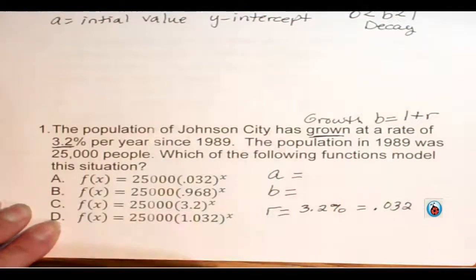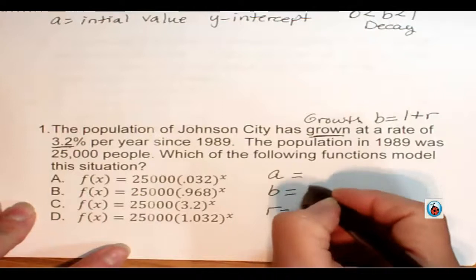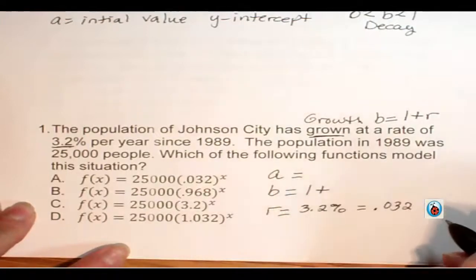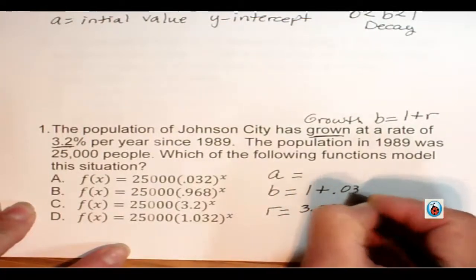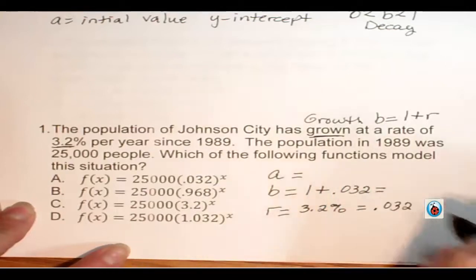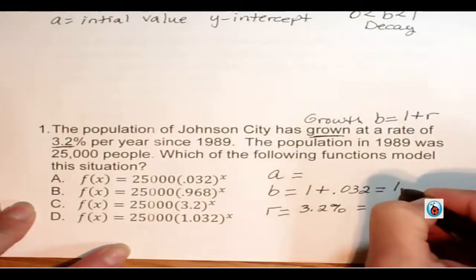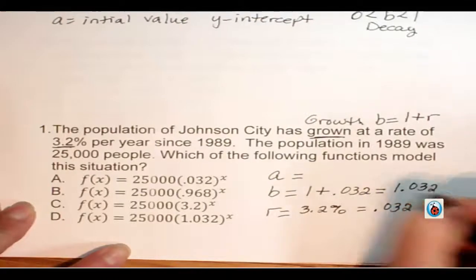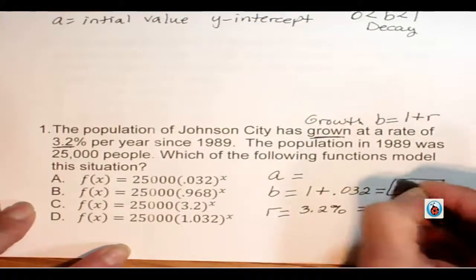A lot of you are just using that and you're forgetting about the 1 plus or the 1 minus. But right here, my b is going to be 1 plus 0.032 because it's a growth. Okay, what that ends up being is 1.032. That's actually my b.